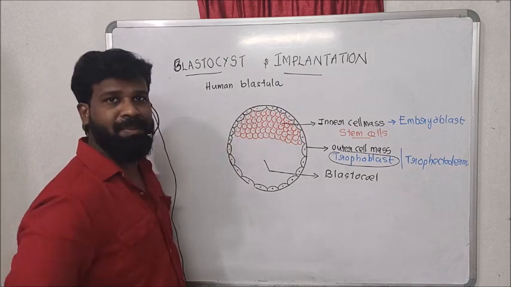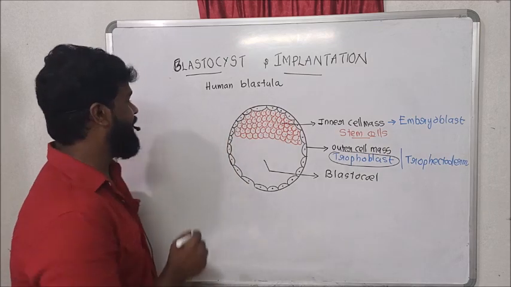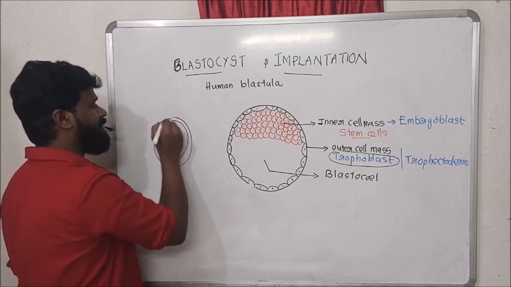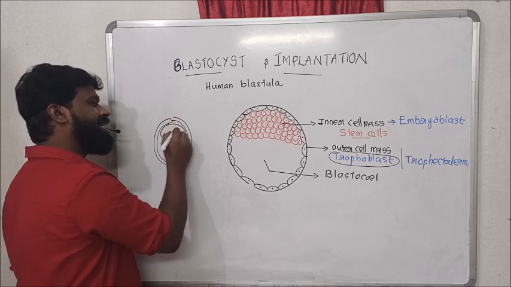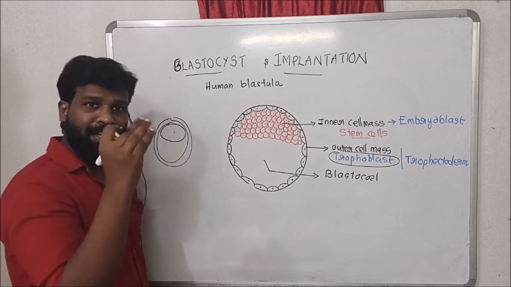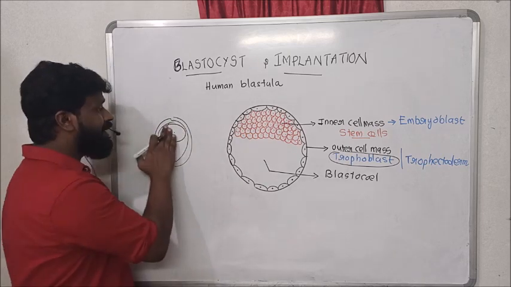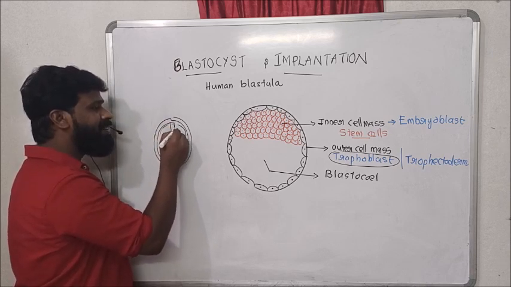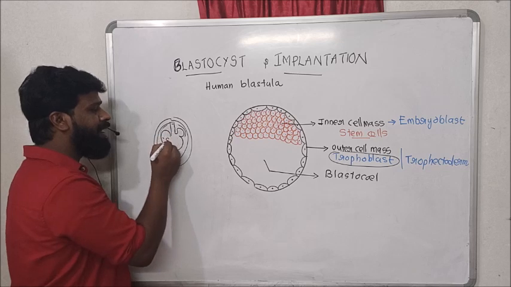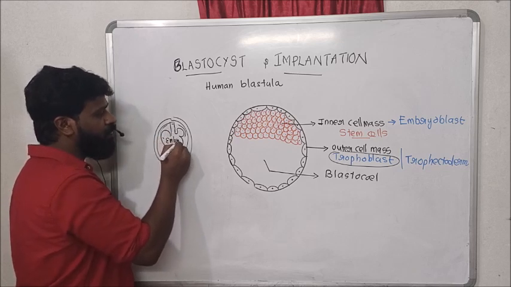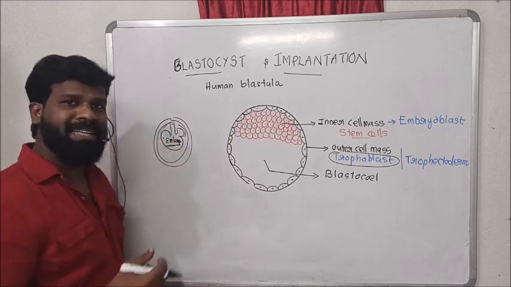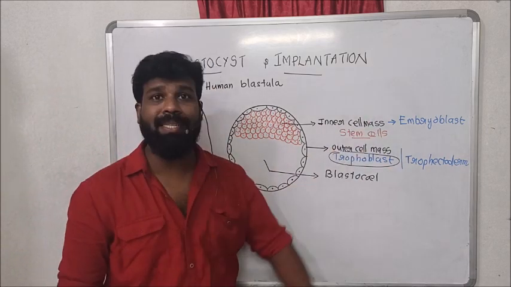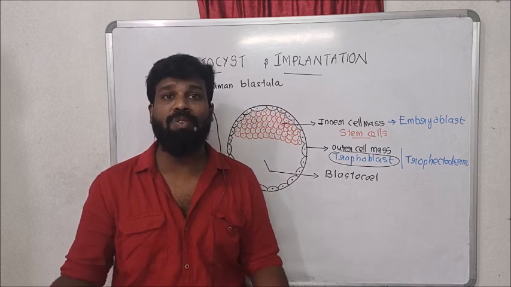In future, during development, only this inner cell mass develops as the actual embryo, because only the inner cell mass contains stem cells for the development of different types of cells, organs and tissues.